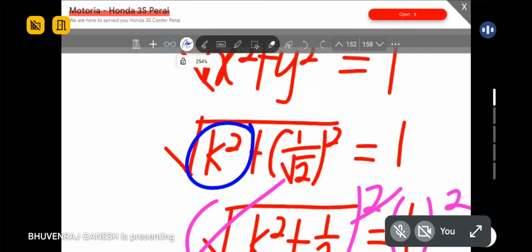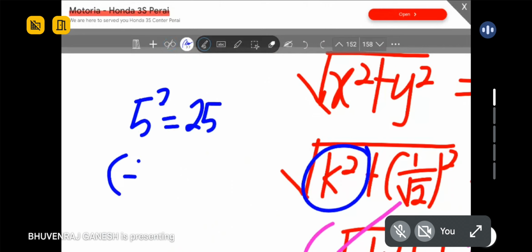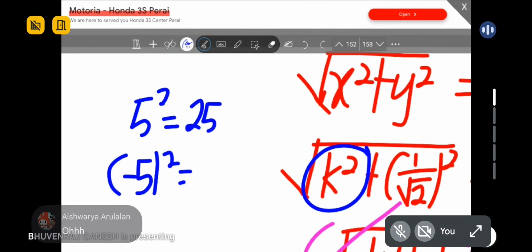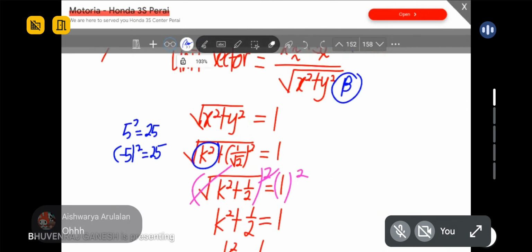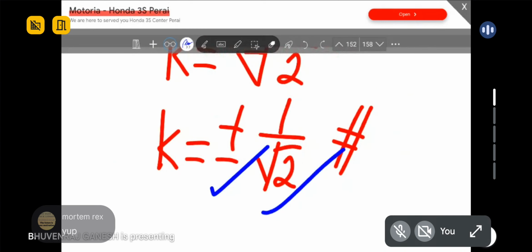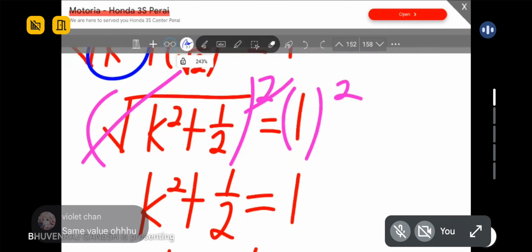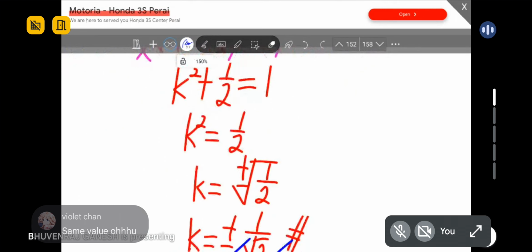Jawapan masih sama kan? The concept is like 5 square, 25. And then negative 5 square, also 25. So whether you're positive or negative, no effect. Tak ada kesan. 1 over √2 or negative 1 over √2, dua-dua pun will get magnitude 1. Am I right?